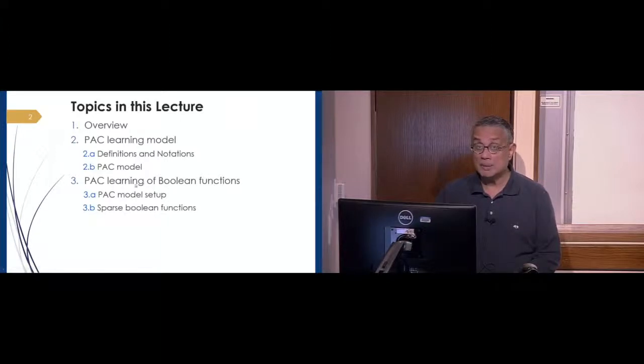Now we will try to do something new with these Boolean functions, apply this PAC model to effectively learn them, and we'll see what that means, of course, where once again sparsity is a major point of focus for us and will be something we quantify quite rigorously as we've done in the past.